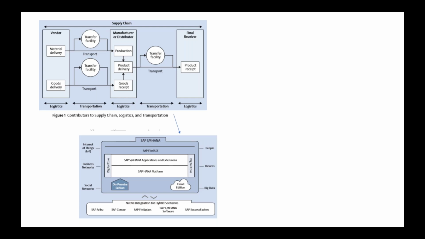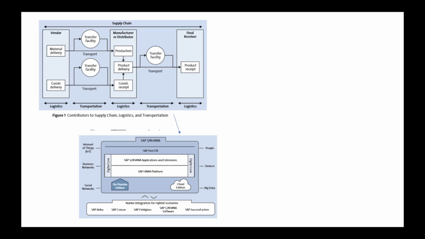Then the manufacturer or distributor transforms the material or goods into the finished product, which is then transported to the final receiver. Here each company has a need for internal logistics, which again can involve transportation. Then you also have the external transportation, which can be done directly or via facilities.